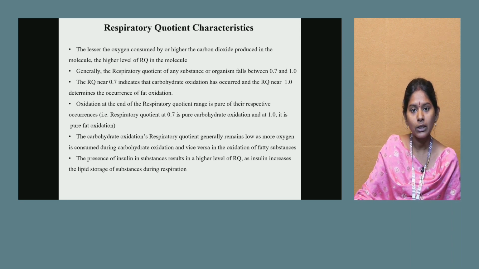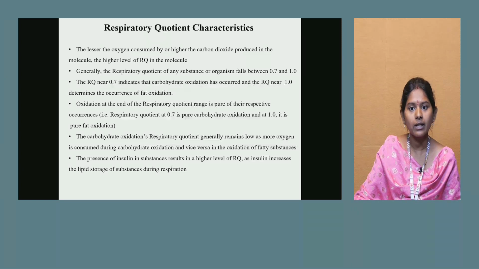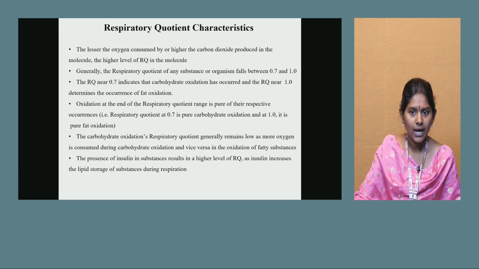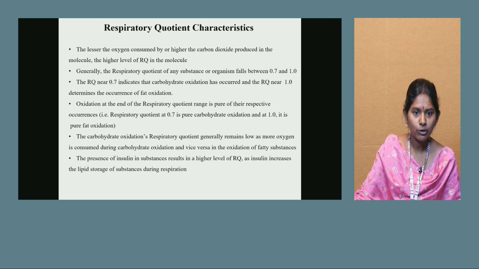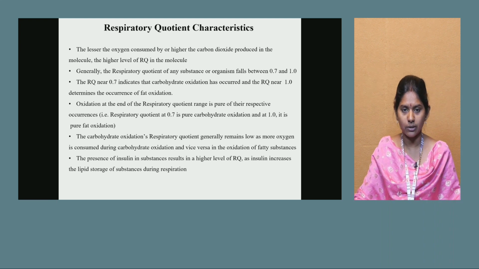Whereas during the oxidation of fatty acids, there will be a release of oxygen. Hence, the respiratory coefficient will be nearer to 0. Similarly, the presence of insulin results in a higher level of RQ, as insulin increases the lipid storage of substances during respiration.